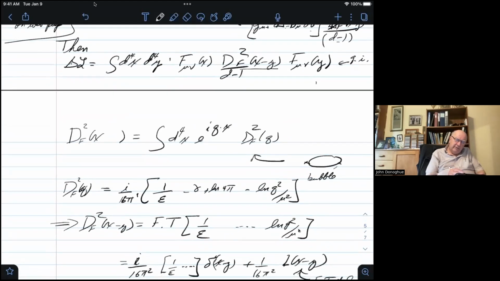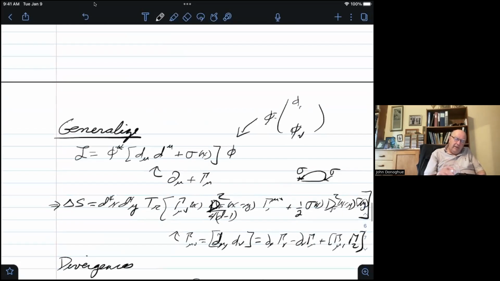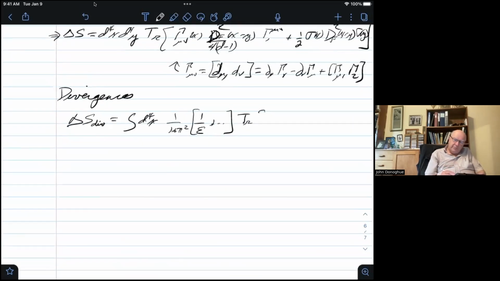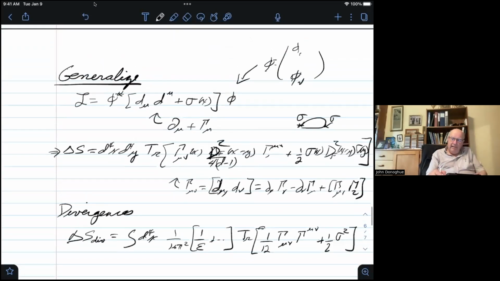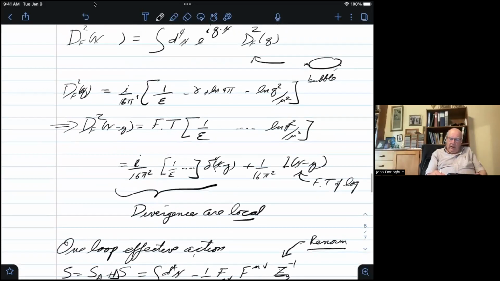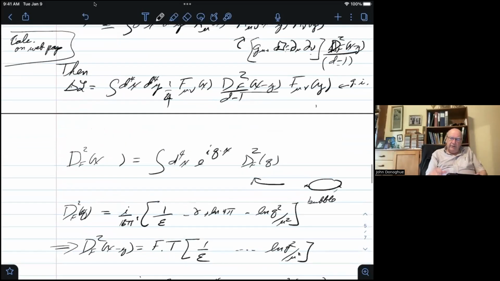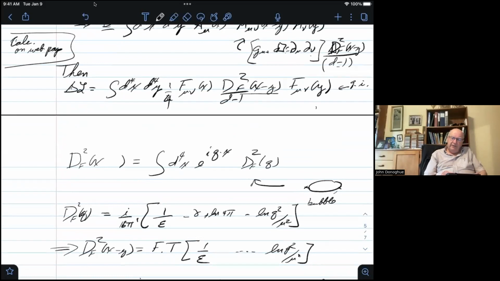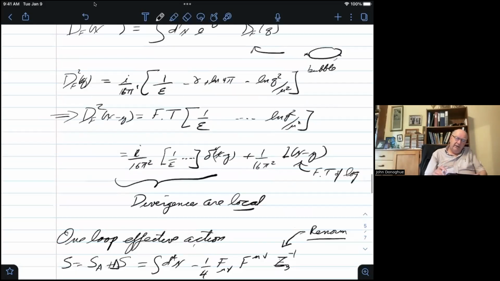Actually, I guess I needed a 1/4 there. This becomes 1/12 gamma mu nu gamma mu nu plus 1/2 sigma squared. The 1/12 is the 1/4 times d minus 1 is 3.